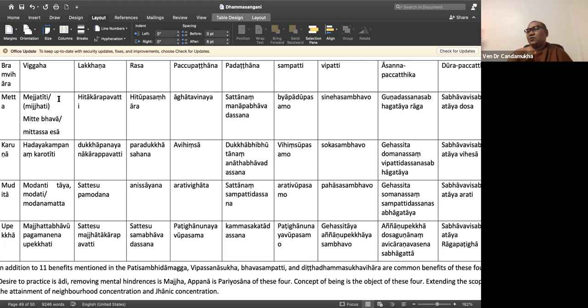So what does mijjati mean? Signature D, the meaning the commentator explains. So Pali to Pali translation: mijjati means siniyhati, it laps.